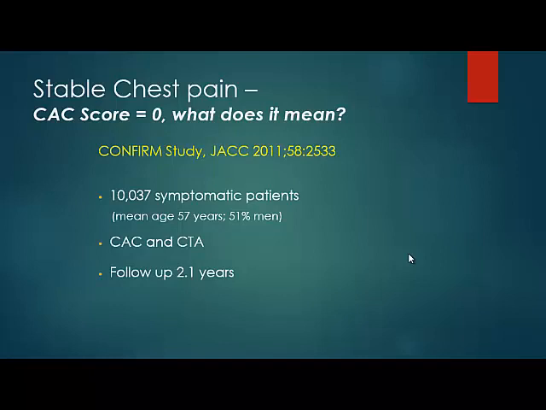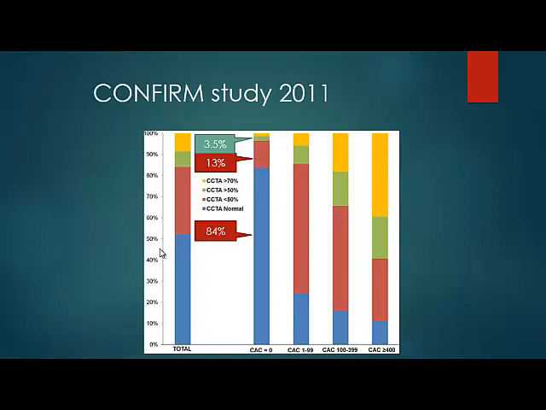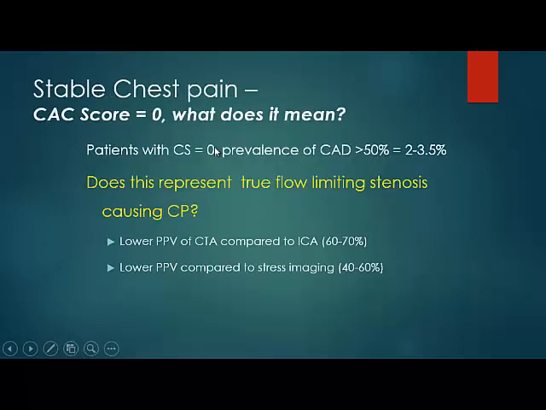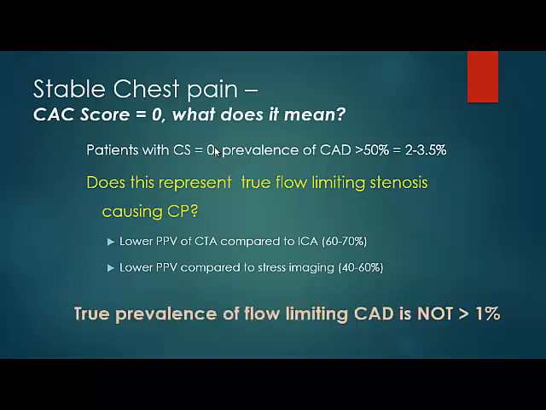Similarly, there was a large multi-center observational study in more than 10,000 symptomatic people where both calcium scoring and CT angiogram were done. They also showed that the prevalence of significant stenosis in those with absent calcium is around 3 to 4% only. So we have plenty of evidence to suggest that absent calcium is a reasonably good marker against significant stenosis.